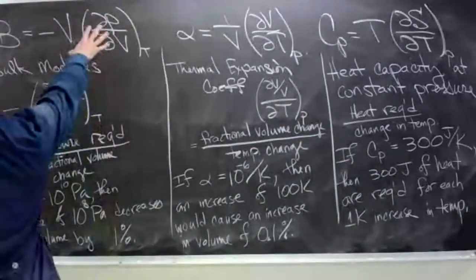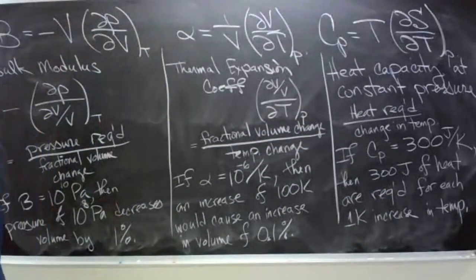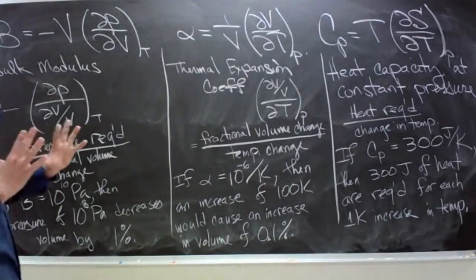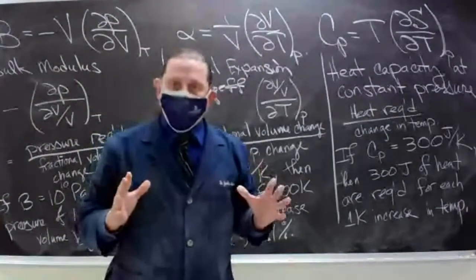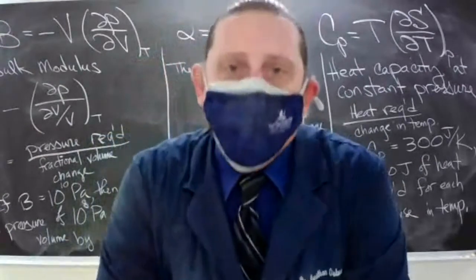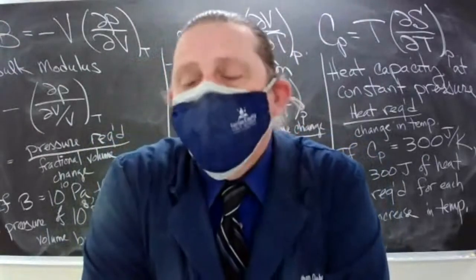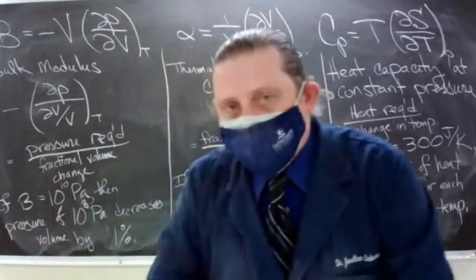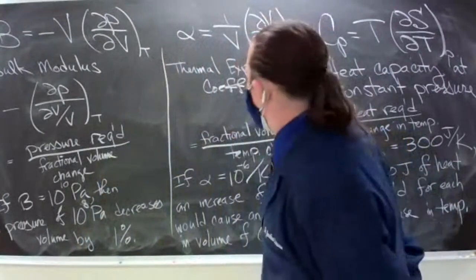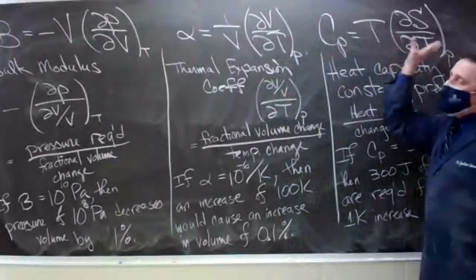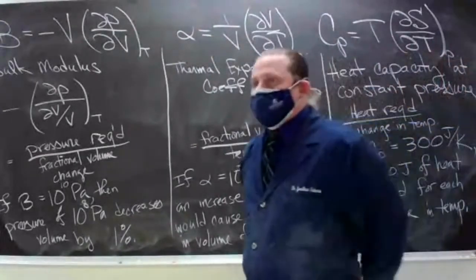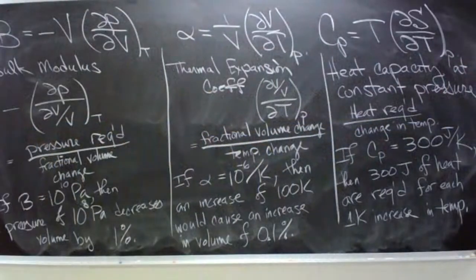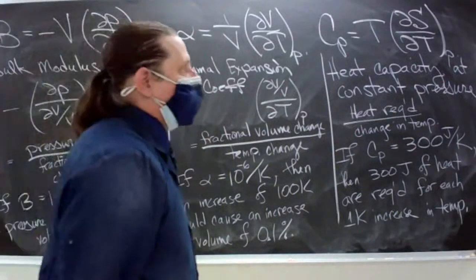So we would put something in a bath at constant temperature, and we would increase the pressure on our substance and measure how much the volume changed. All right, so that's relatively easy to measure. Processes at constant pressure take place and you just have it open to the atmosphere.